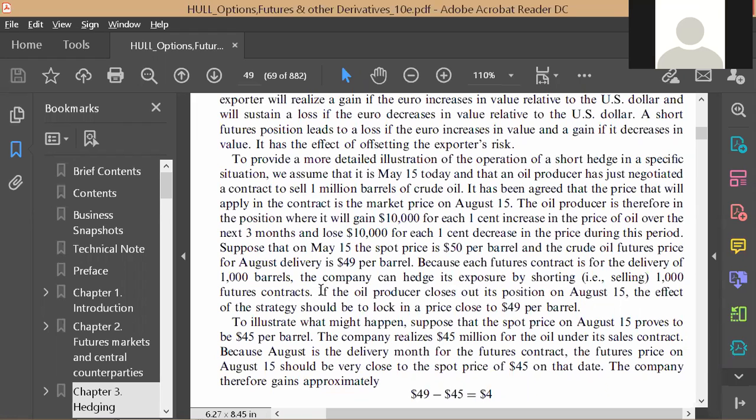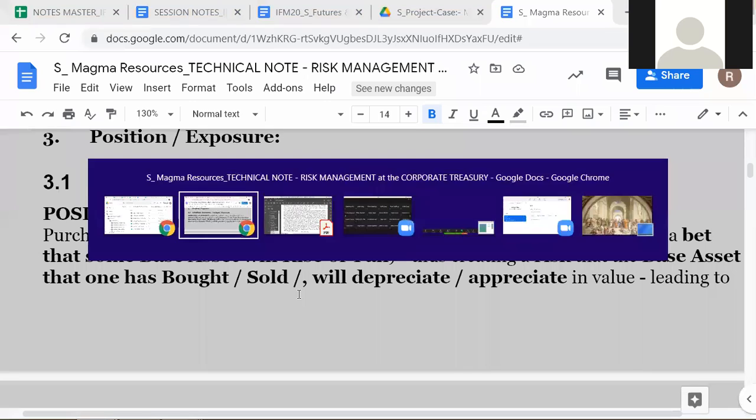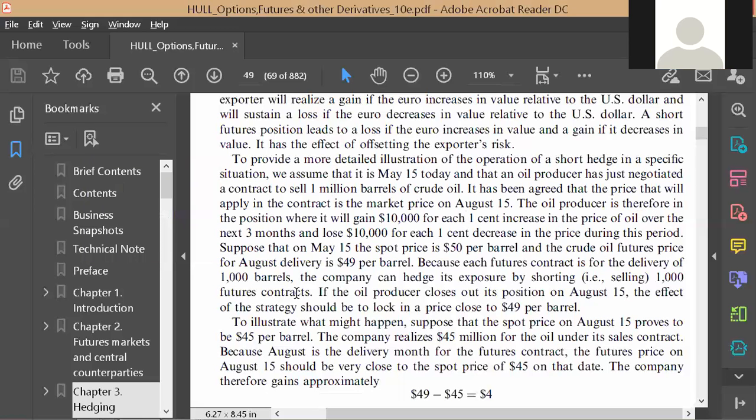But if you think of the asset being crude oil, you're not actually buying the asset. You're just making a bet that the price of the asset will increase, because you're not actually putting up the money. If you remember, we looked at initial margins.